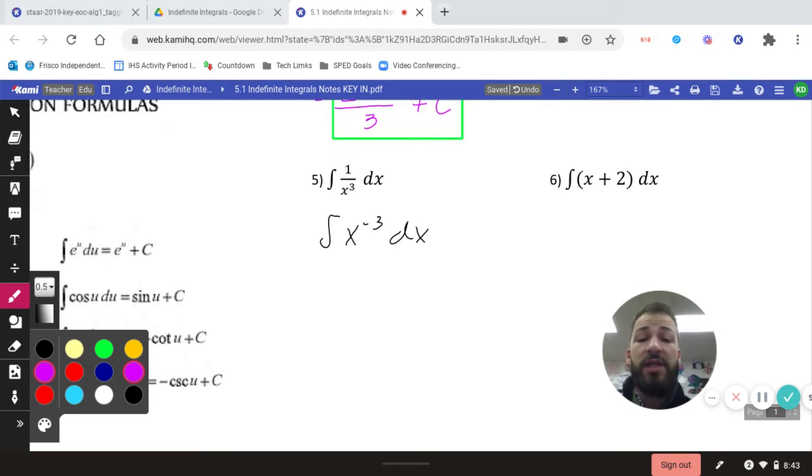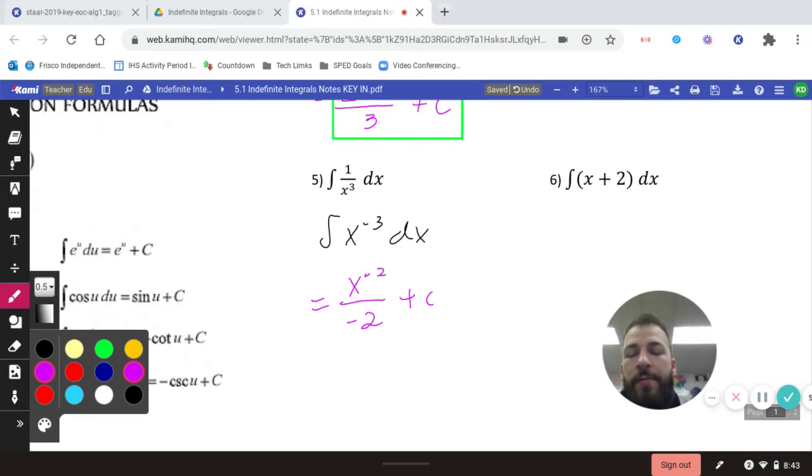Negative 3 plus 1 is negative 2. So x to the negative 2 over negative 2 plus c. And as always, y'all, I don't want to leave negative exponents, so I can simplify that to be negative 1 over 2x squared plus c.